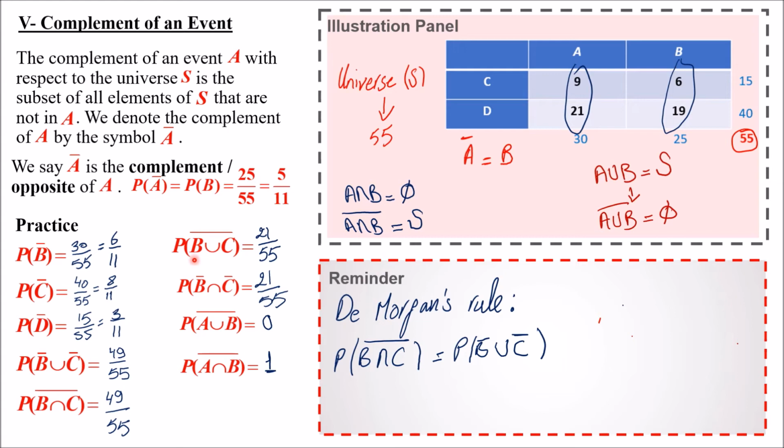The probability of (B union C) all bar is equal to the probability of B bar intersection C bar. So if we separate the bars, we have to reverse the sign.